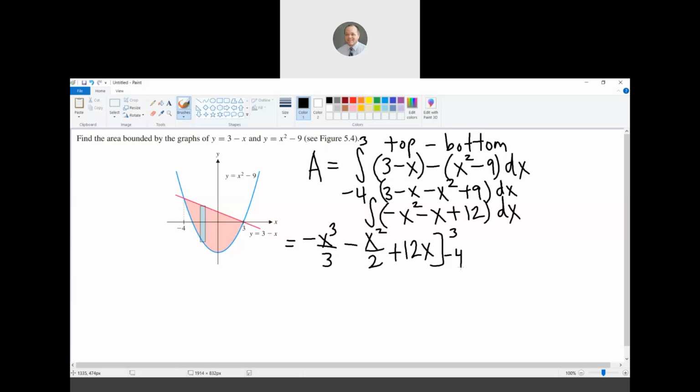Next step, plug in your limits of integration to find the exact area. According to the fundamental theorem of calculus part 2, plug in your upper limit of integration first. So we've got negative 3 cubed over 3, minus 3 squared over 2, plus 12 times 3.